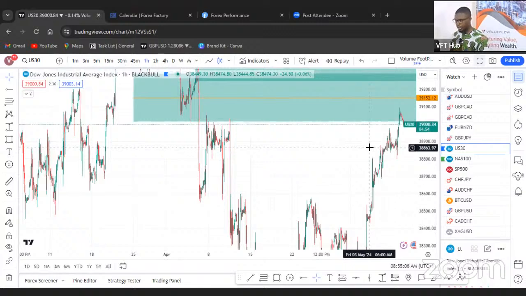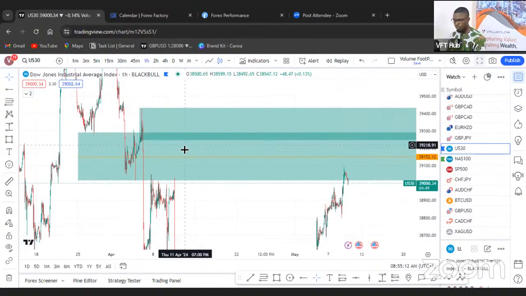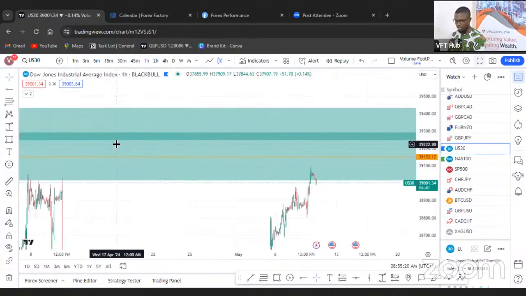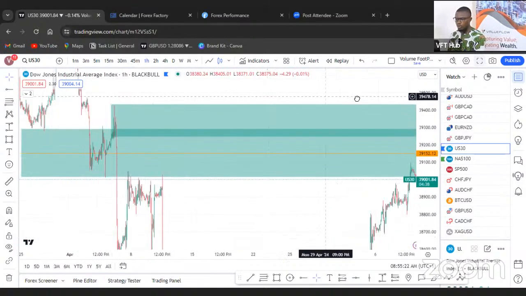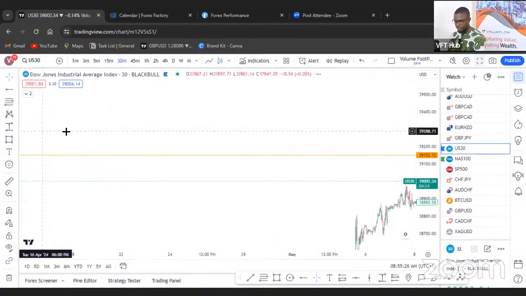We're looking for a sell, right? However, we don't just want to sell randomly. We want price to come above this 50% on the weekly time frame for the FVG and then tap into our region or our order block level, and then look for a better entry on M30, on M15.